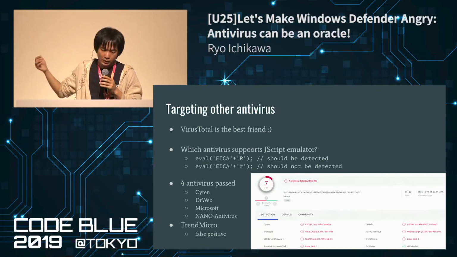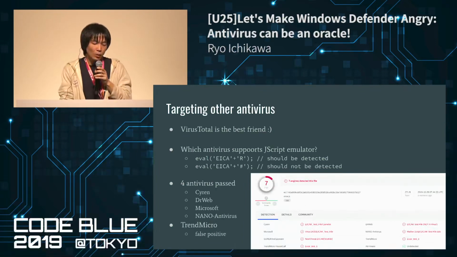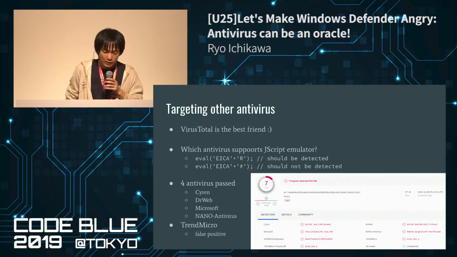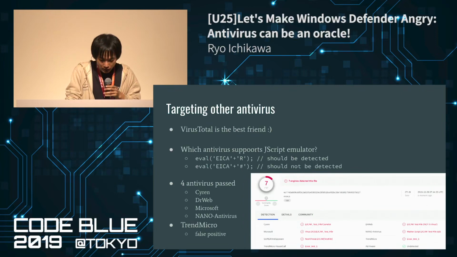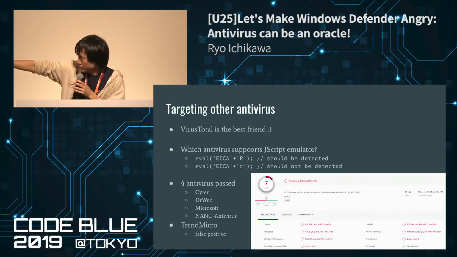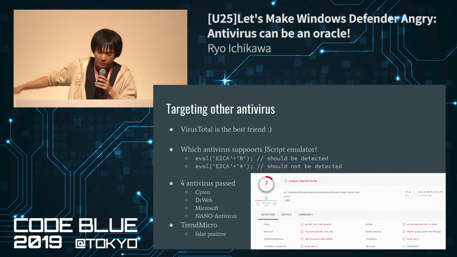The upper one will be detected and the lower one will not be detected. After this testing, four antiviruses passed: Sarendia Web, Microsoft's, and Nano antivirus. You can see Trend Micro's antivirus fired, but actually this is a false positive.